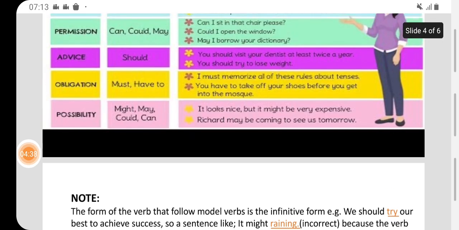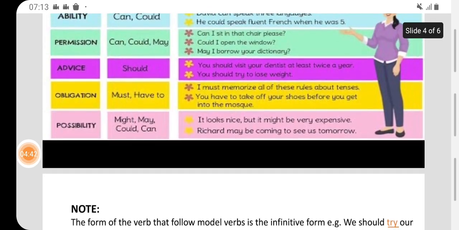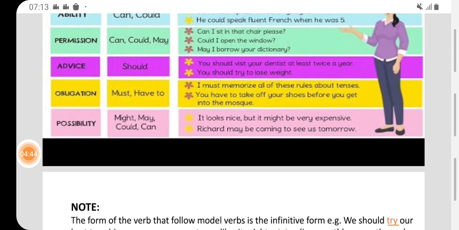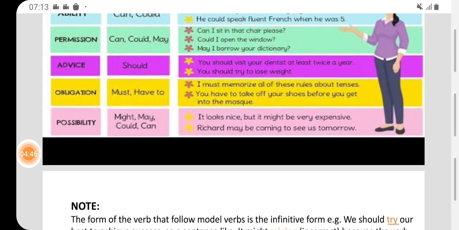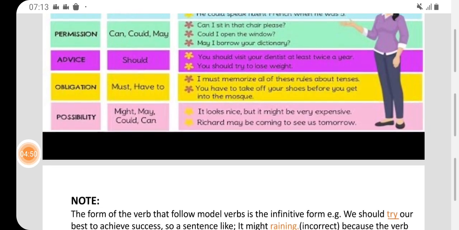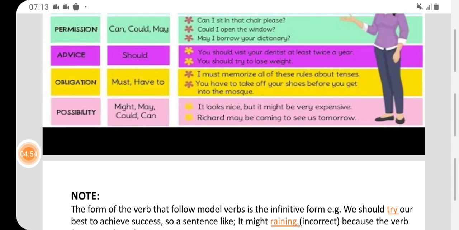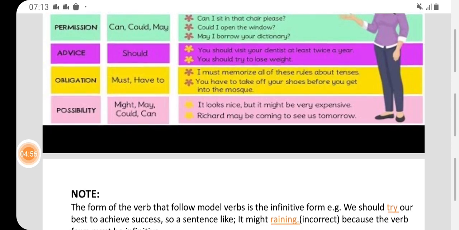Have a look at this sentence. It looks nice, but it might be very expensive. Might, something possible. It is likely to be true. Could and can. Richard may be coming to see us tomorrow.